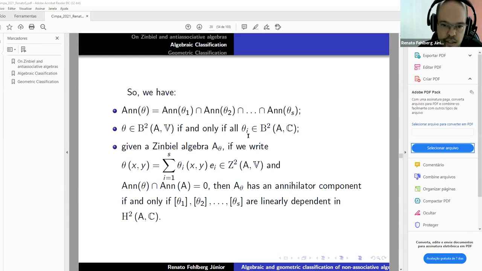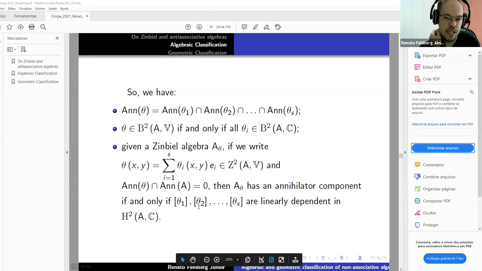So given a central extension, A theta, if you consider this element written in this way, and if you suppose that this intersection is 0, A theta has an annihilator component if and only if these elements are linearly dependent in H2.